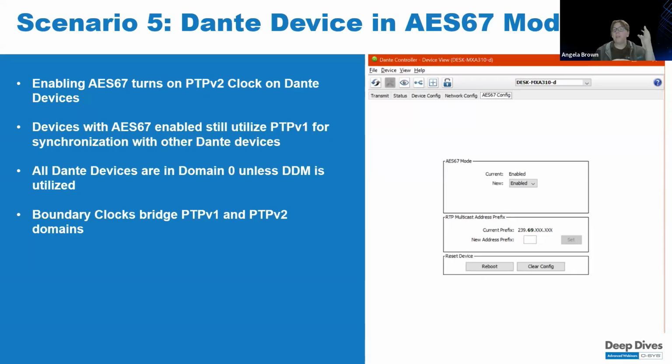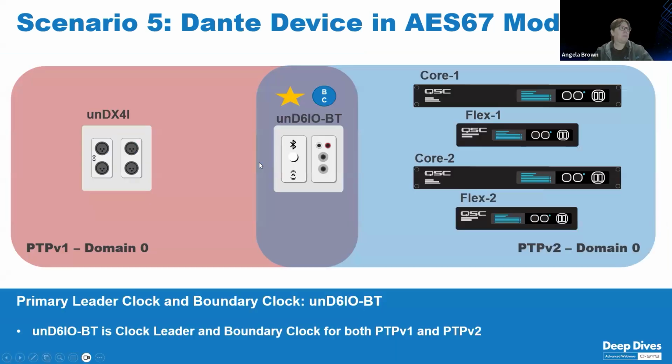So now we actually have a PTP v2 clocking scheme in our system, and we have a PTP v1 because we have a Dante-only device. So let's talk a little bit about how to handle that. If we just left it as it is, plugged everything in, got everything talking, the device that is our boundary clock will also most likely be elected our grandmaster clock.